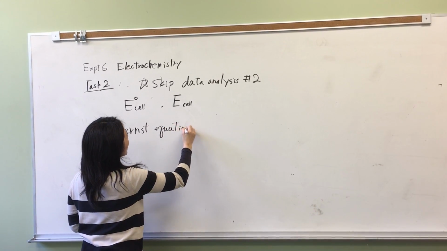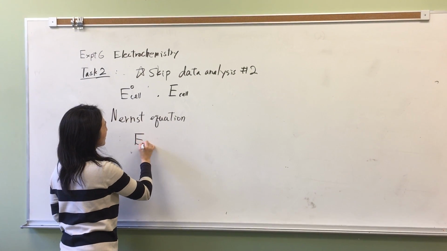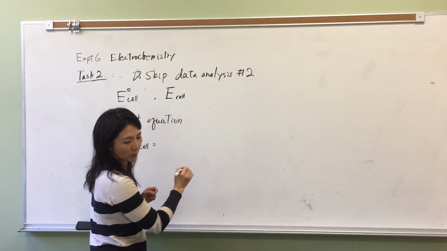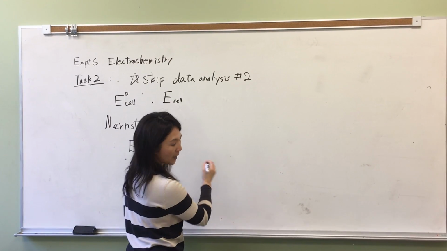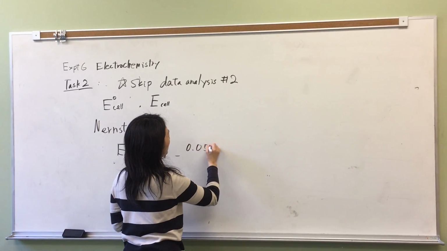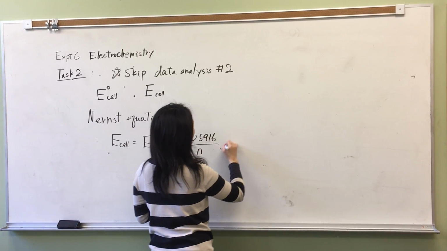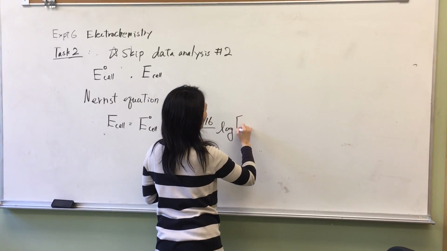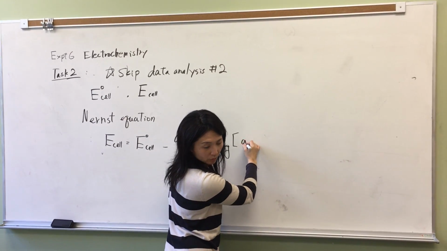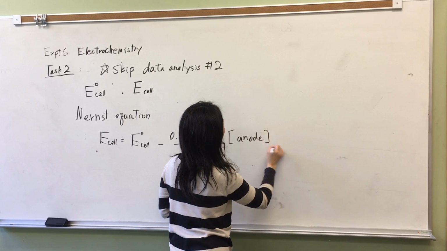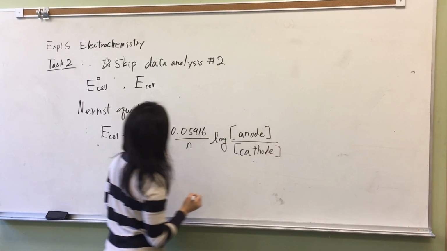The Nernst equation is in the lab manual: E cell equals E naught cell minus 0.05916 over n, log of the concentration of the anode over the cathode.